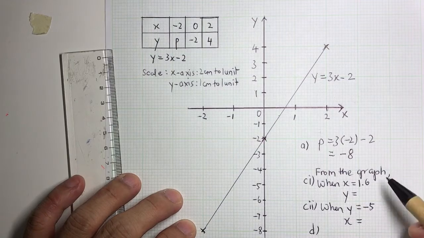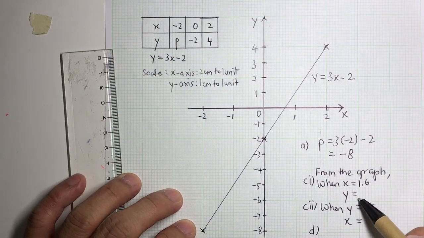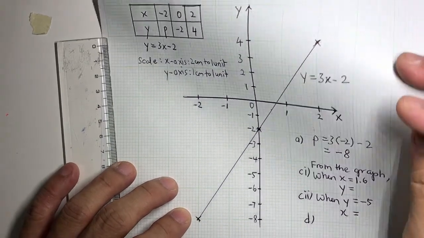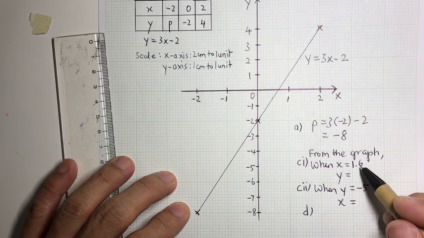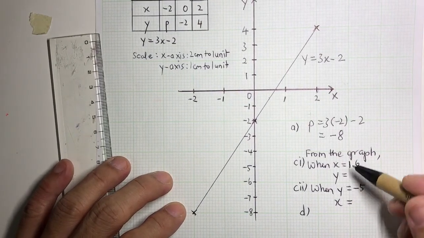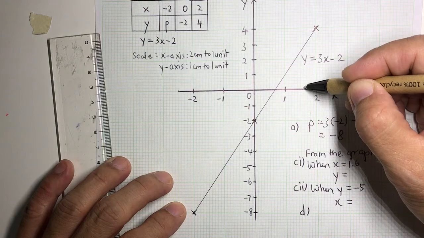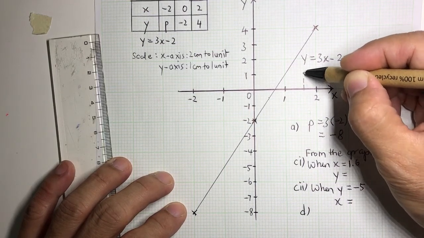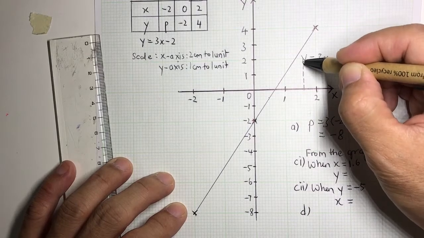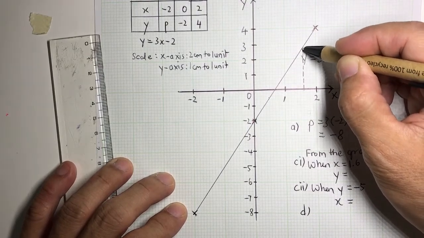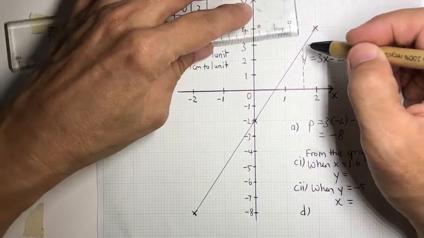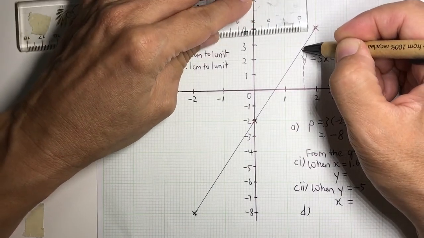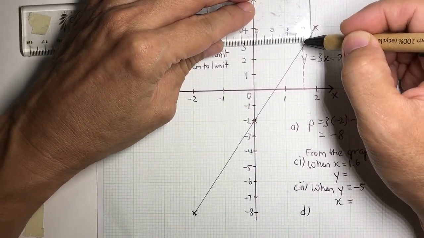Next, we need to find the value of y given that x is 1.6. So we locate x is 1.6 on the x-axis and draw a dotted line. The dotted line is your working.